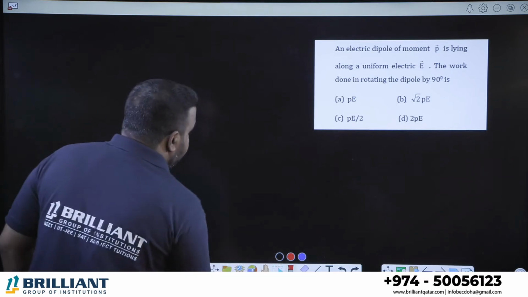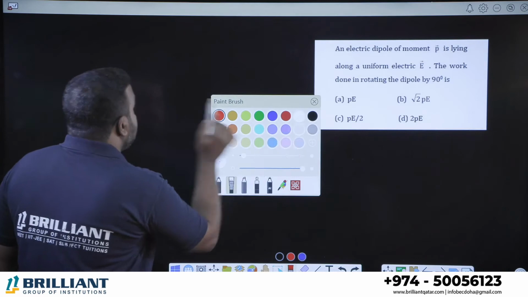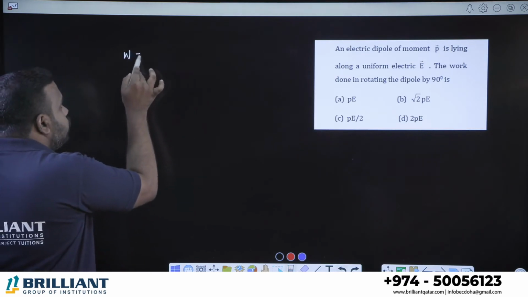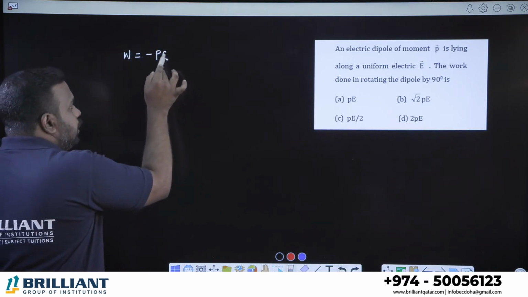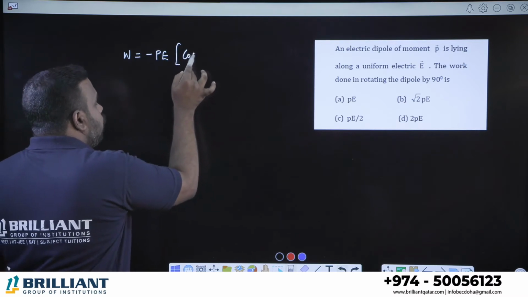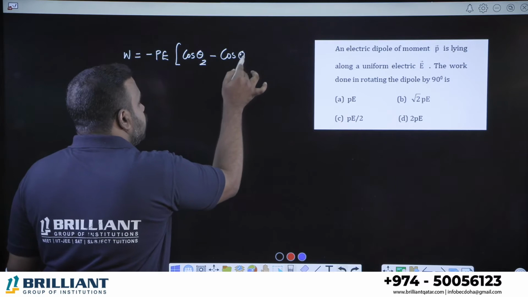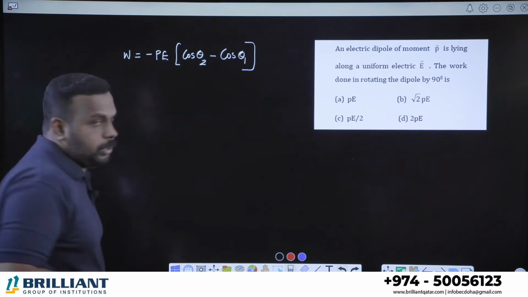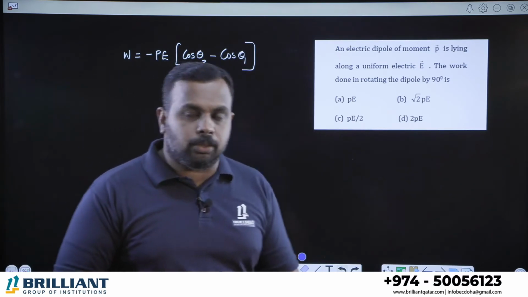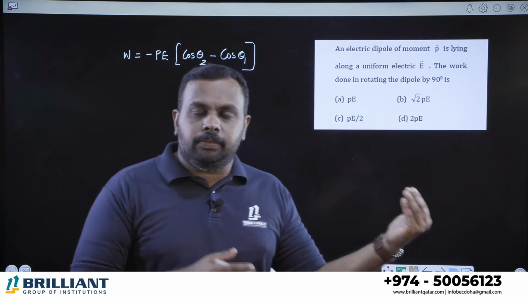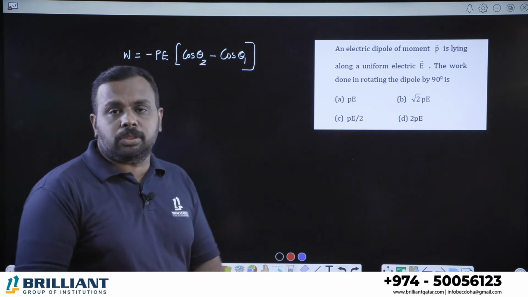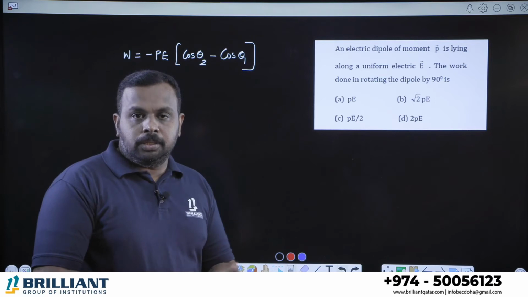What is that formula? Work done W is equal to minus PE into cos theta 2 minus cos theta 1. You have to study this equation. Actually, based on this equation only, we got the equation for the potential energy of a dipole. So this is the formula.